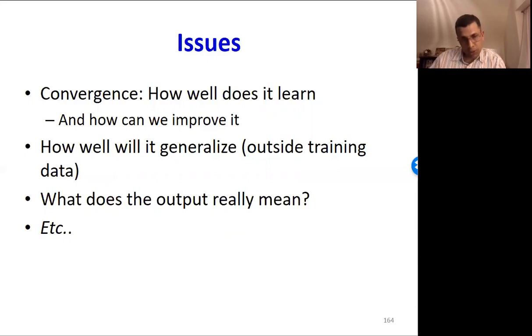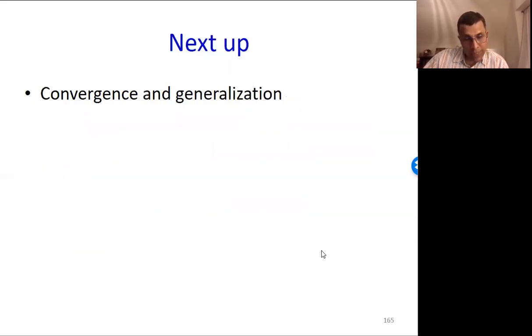What exactly do these outputs mean? And what does generalization really mean? Many questions. And so we will deal with that in the next few lectures. In the next lecture, we are going to deal with the issue of convergence and generalization.